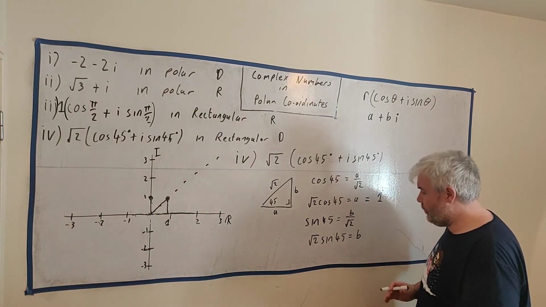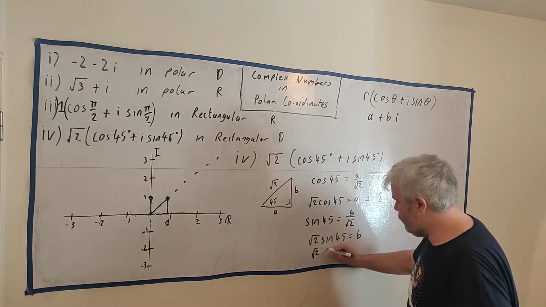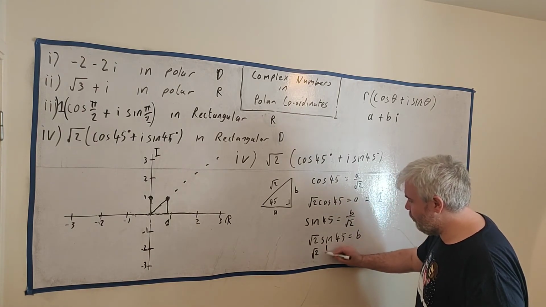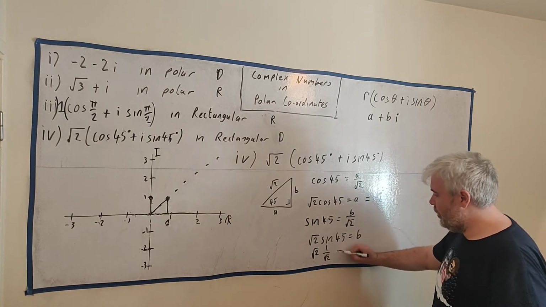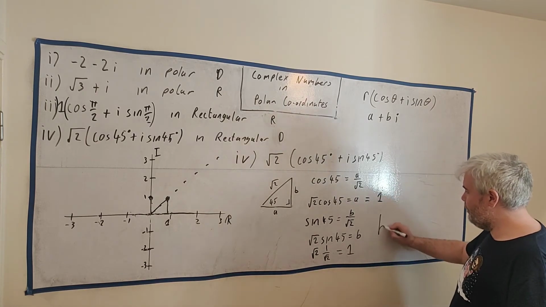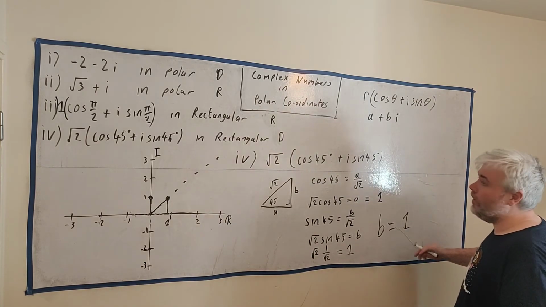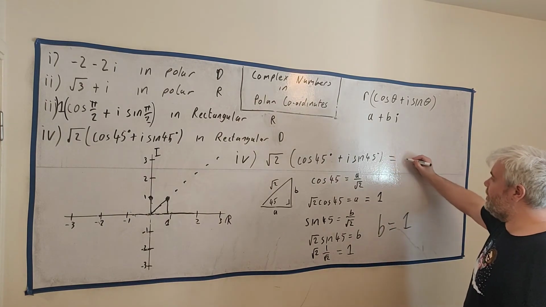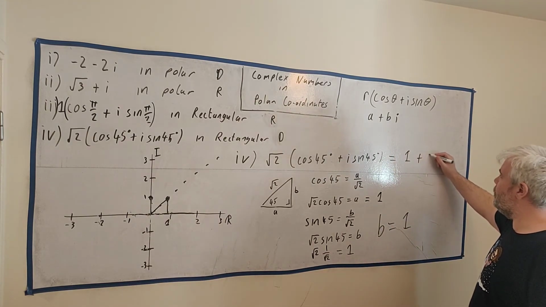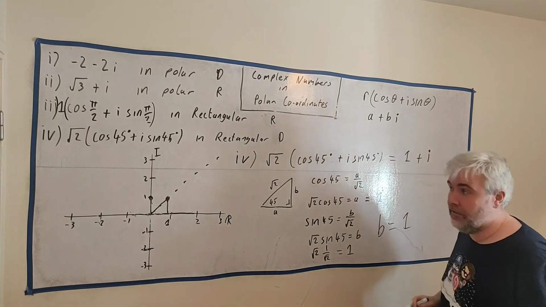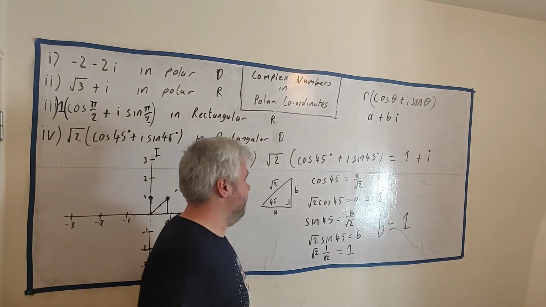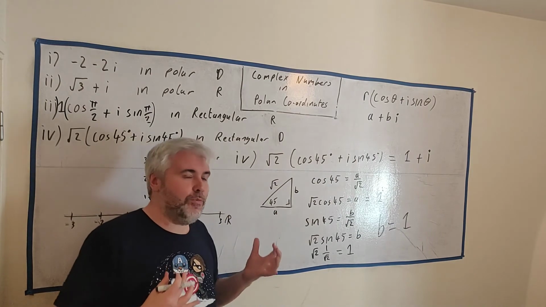Sine of 45 degrees comes out as 1 over square root of 2, which means B is equal to 1. Which means this whole thing here is equal to 1 plus 1i, or 1 plus i. Okay, so that's how we change between them.